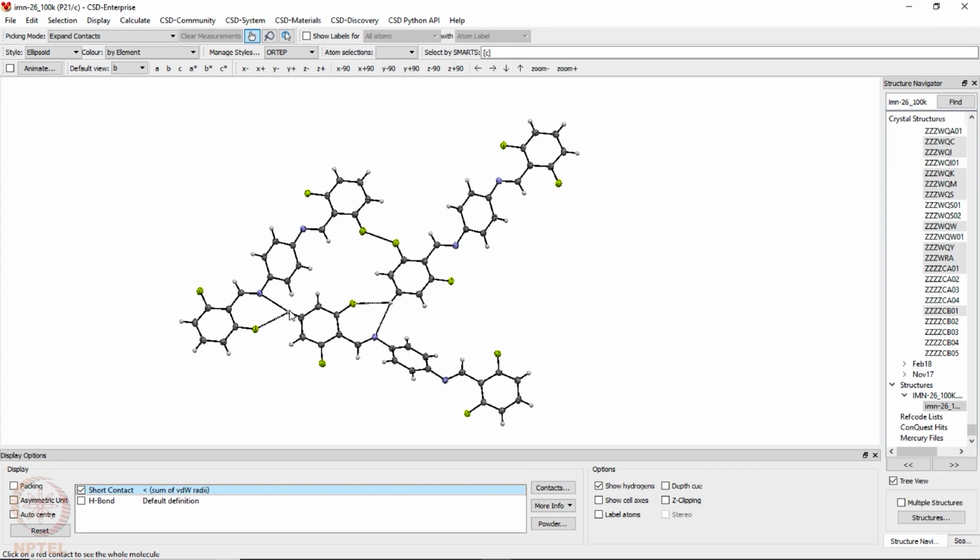Here one hydrogen has a short distance with a fluorine and a nitrogen, and a similar situation comes here when this hydrogen is connected to fluorine and nitrogen.